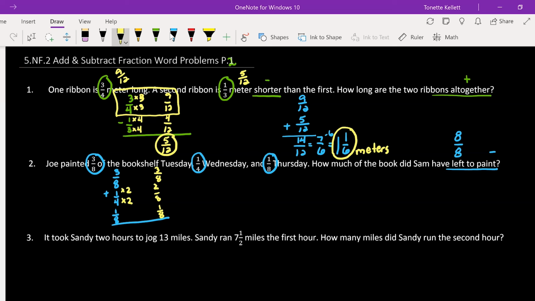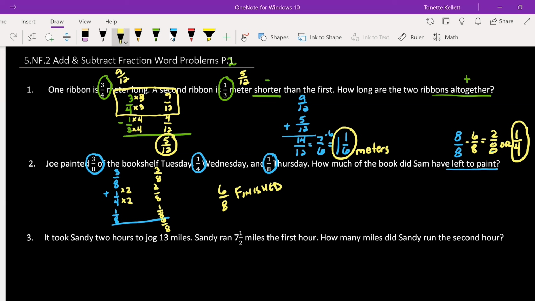Add these up, you get 3, 5, 6/8. So he has painted 6/8. 6/8 finished. How much does he have left to paint? 8/8 minus 6/8 equals 2/8 or 1/4. He has 1/4 left to paint.